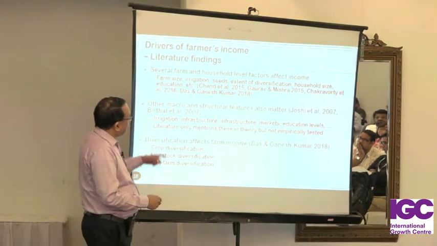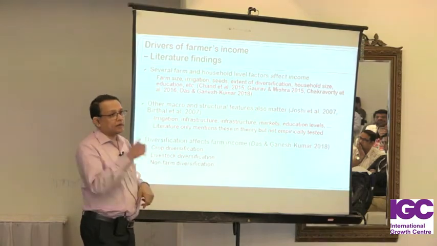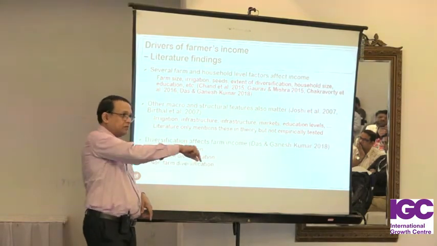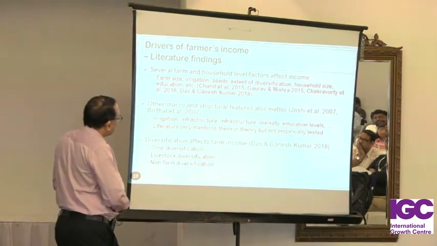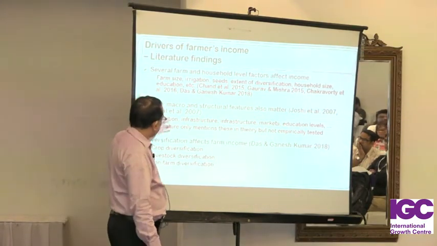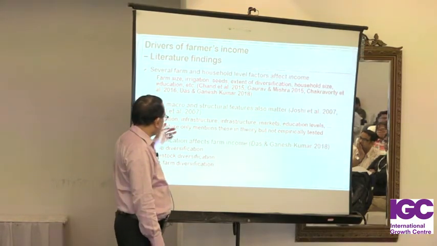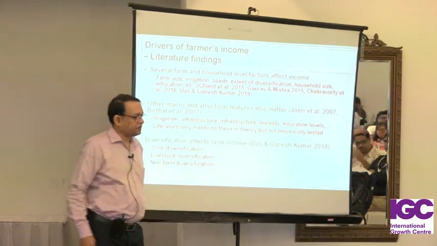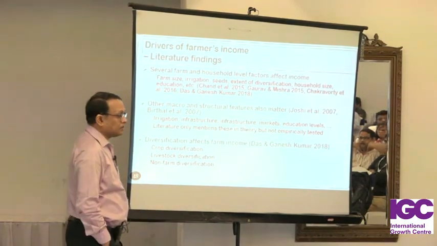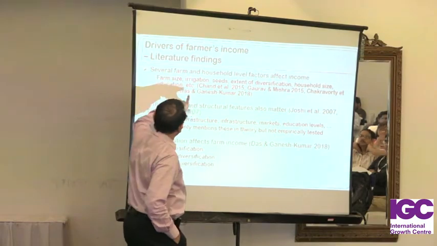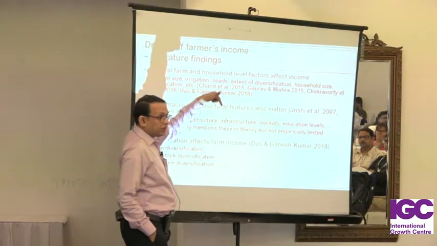Besides this, people have also said that there are some macro level factors which determine the household level income. These are basically the same things that we have talked about earlier, namely irrigation, infrastructure, market, the general level of education, whereas here we are talking of the education at that particular household.